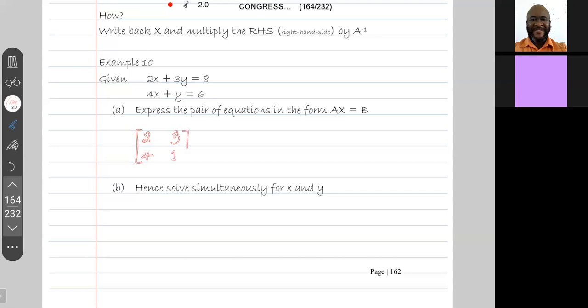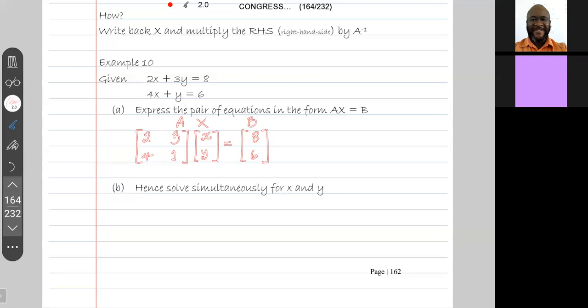This is the matrix A, and the matrix A is my coefficient matrix. Then I'm going to have x, y. So this is my matrix X, and this is equal to 8, 6, and 8, 6 is my matrix B.